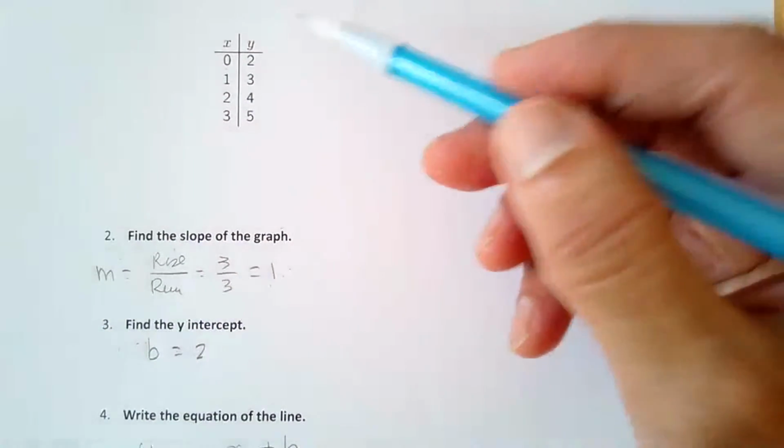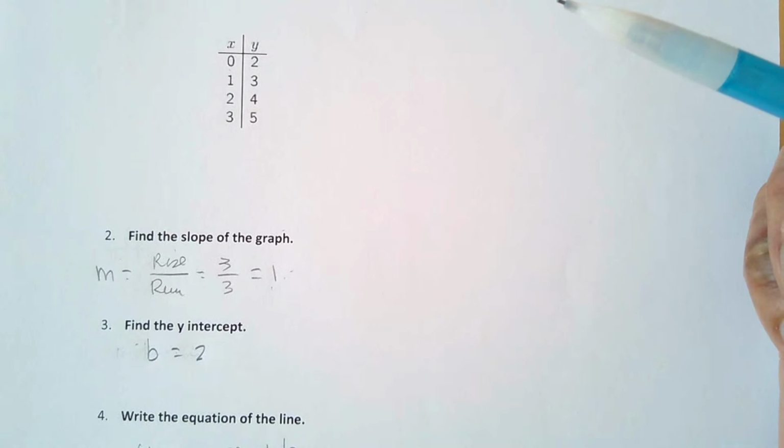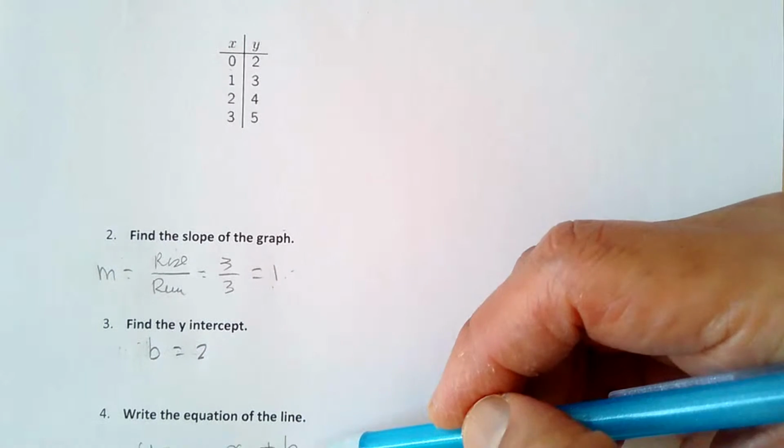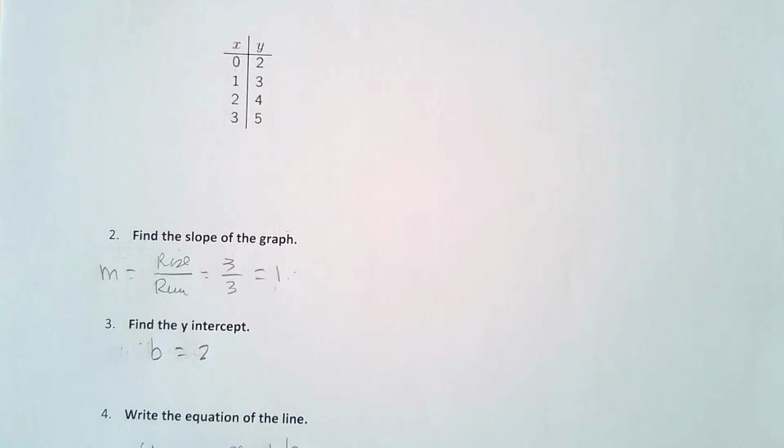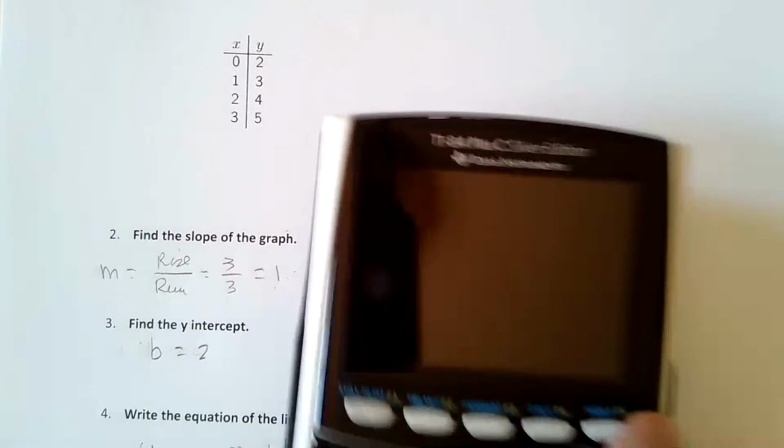So this set of data here gives you the equation of a straight line. And you can verify that in your calculator.